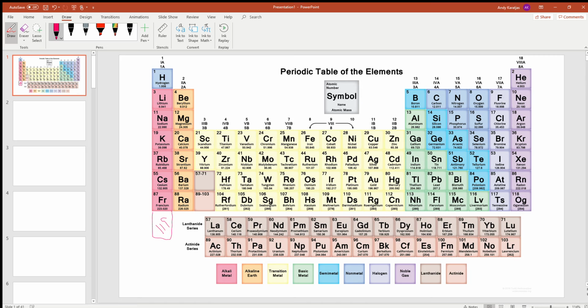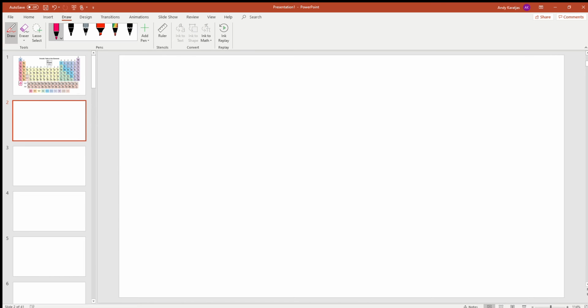But last time you may recall that for any element, we said sometimes we use a notation that looks like this. Where this is the symbol, tells us what element it is.